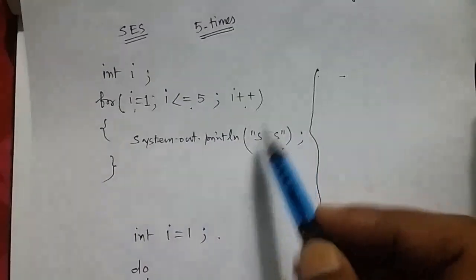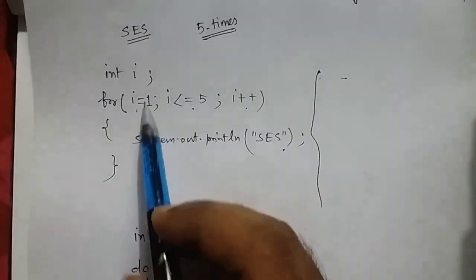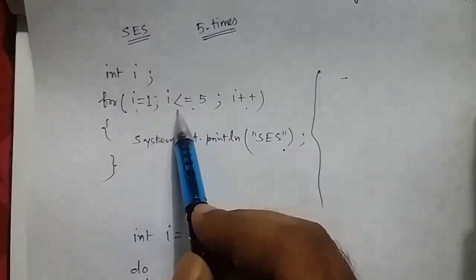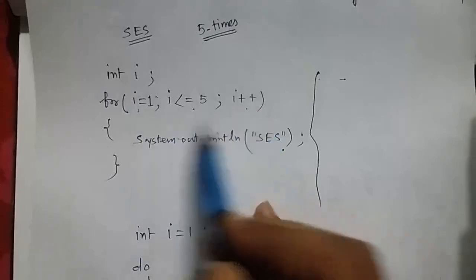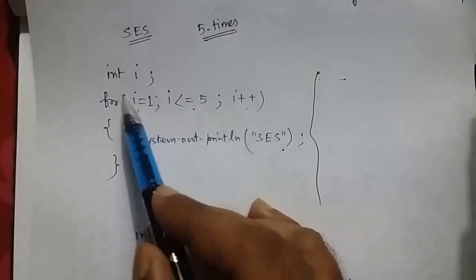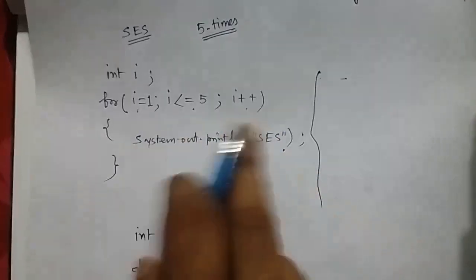The difference between for loop and do while loop is that you can see here the initialization expression, test expression and update expression are written at the same place, at the top of the for loop, at the loop header.